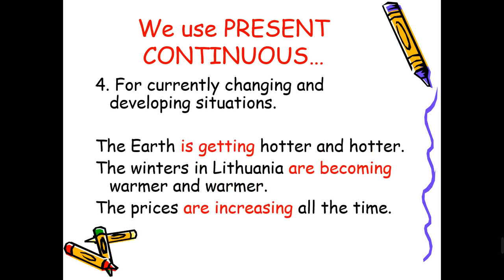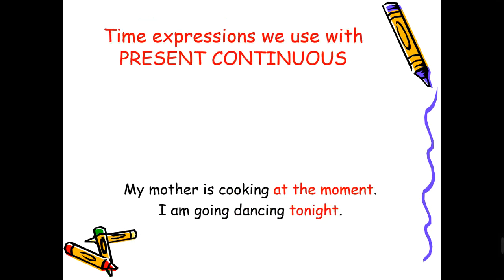Like, the earth is getting hotter and hotter. The winters in Lithuania are becoming warmer and warmer, and the prices are increasing all the time. So all these situations are not stable. They are changing and developing.